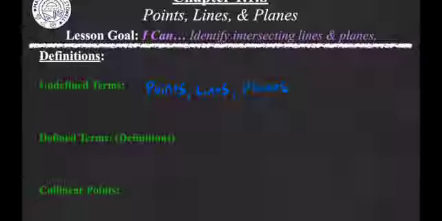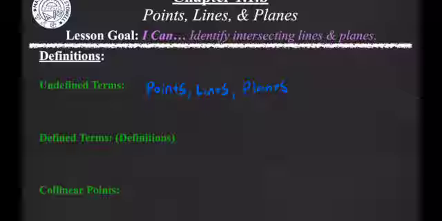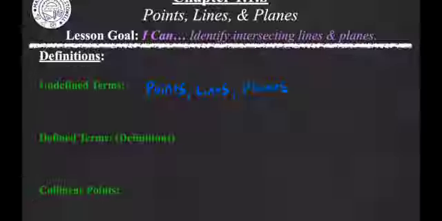But instead, we describe and use them as a foundation and a building block to be able to create those definitions. These are terms that are so simple that we just describe them, and we use pictures to illustrate what they are.